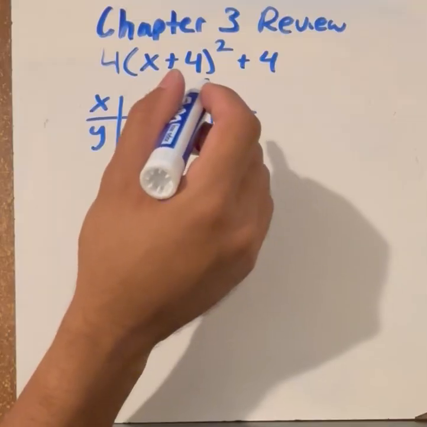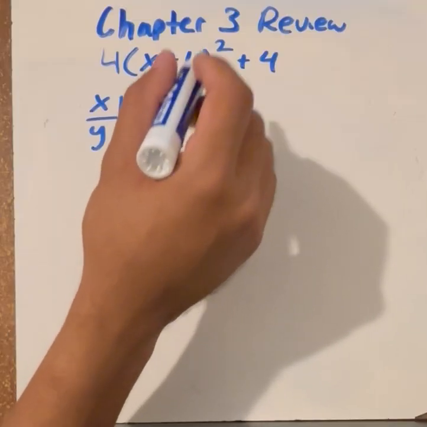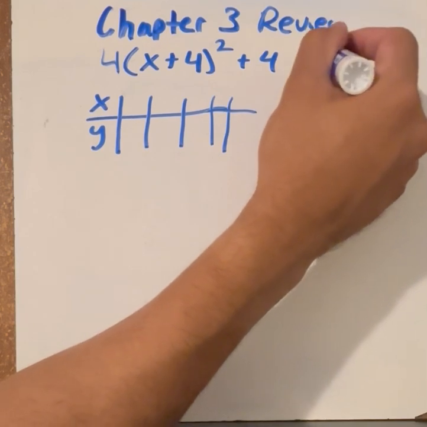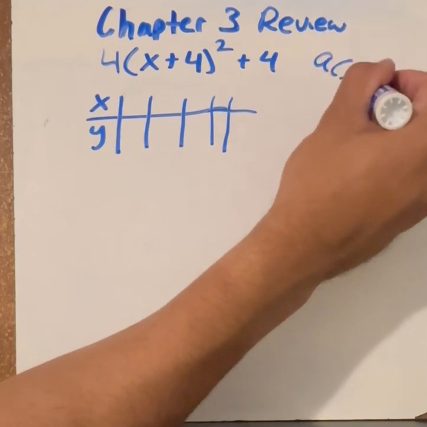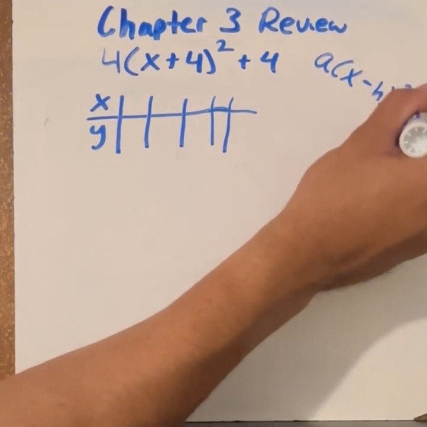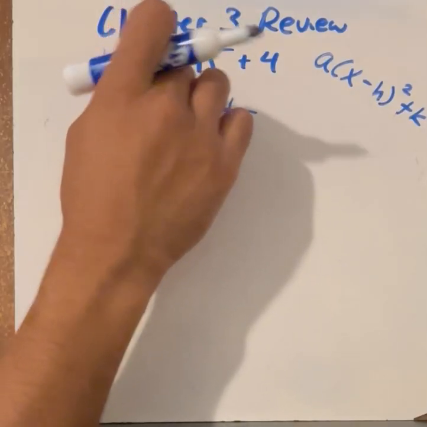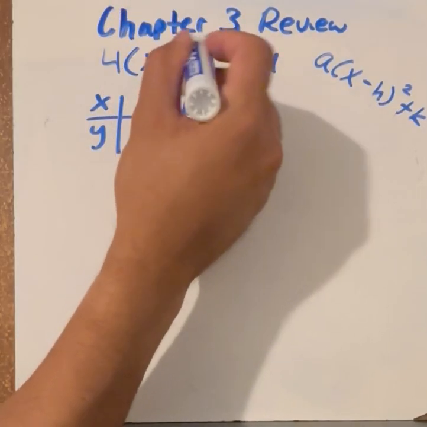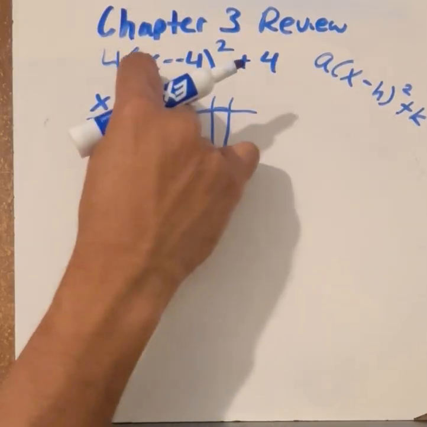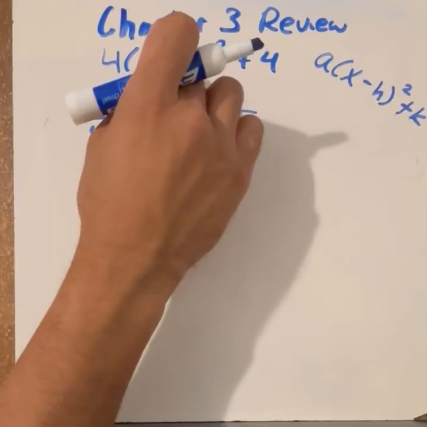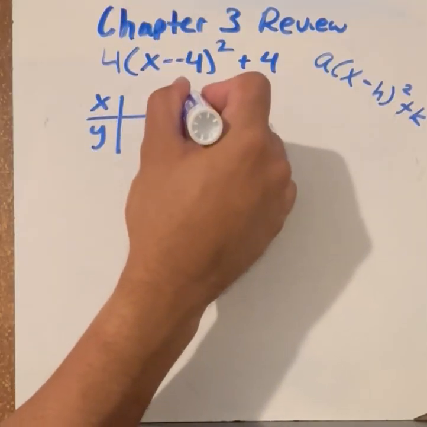Okay, and then x plus 4, we know that our form follows a times x minus h squared plus k. So right now it's a plus sign, so we can rewrite this as x minus negative 4 to fit the rule of x minus h. So now it says x minus negative 4, which is the same thing as x plus 4. And so our h is actually negative 4.